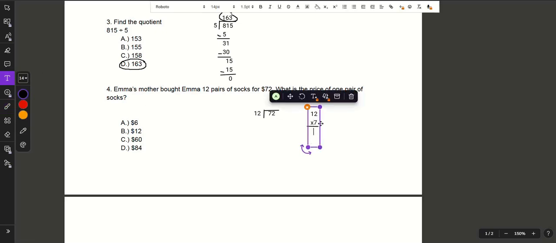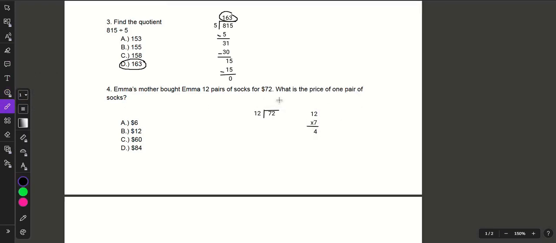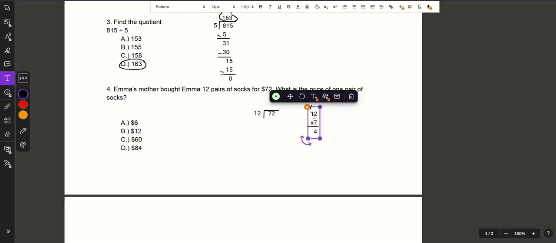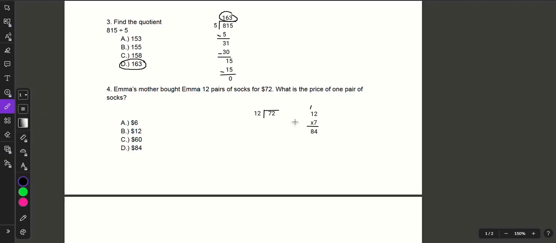So put 4 here, and then put another 1 on top here, and then 7 times 1 plus 1, that'll be 8. And that's too much, we're over. So that's not right.